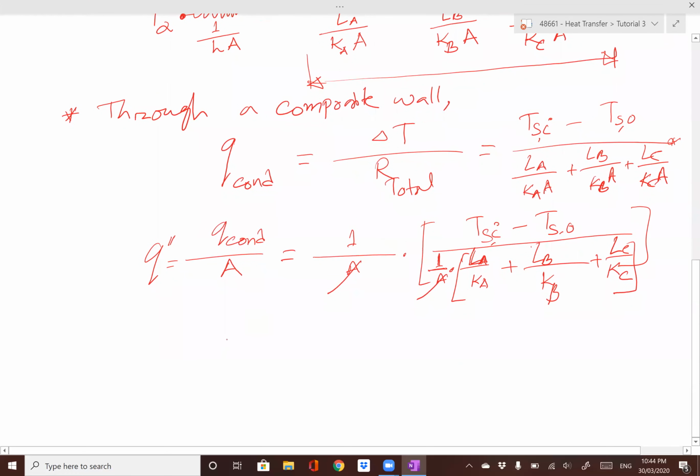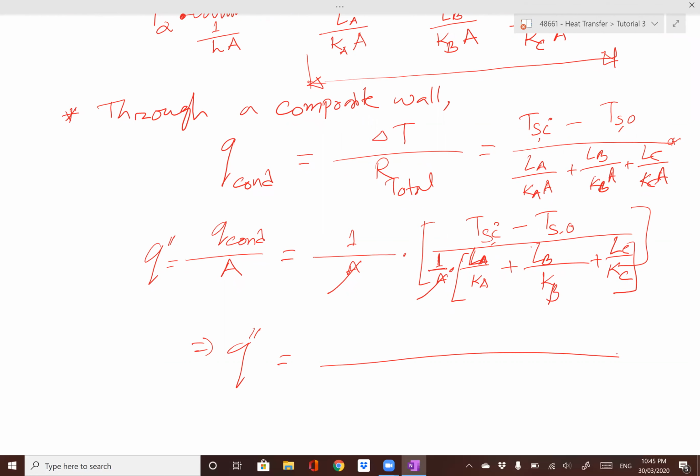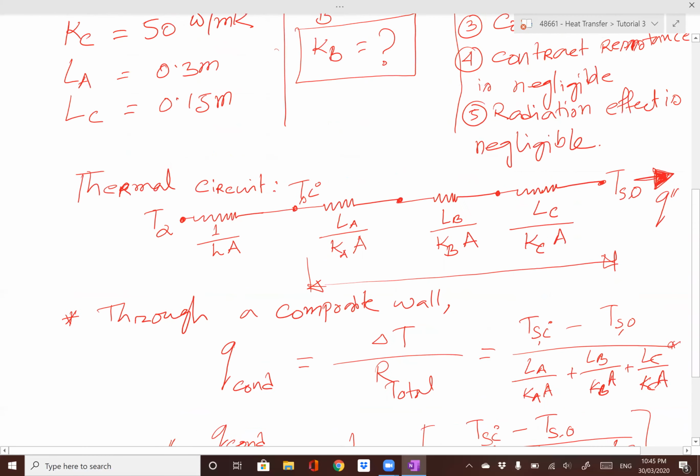Now if I put in all the values, the heat flux: the inside wall temperature for the oven is given as 600 and the outside is 20.